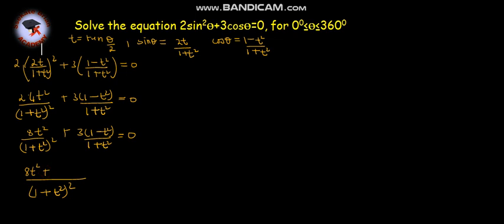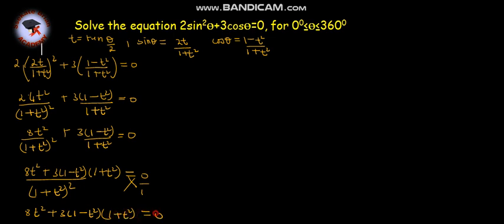Then plus 3 into 1 minus t squared, we shall have 1 plus t squared squared divided by 1 plus t squared, we shall get 1 plus t squared, and everything equals 0. So now we shall remain with 8t squared plus 3 into 1 minus t squared into 1 plus t squared equal to 0, meaning that we shall have 8t squared plus 3 into 1 minus t to the power 4, which is equal to 0.